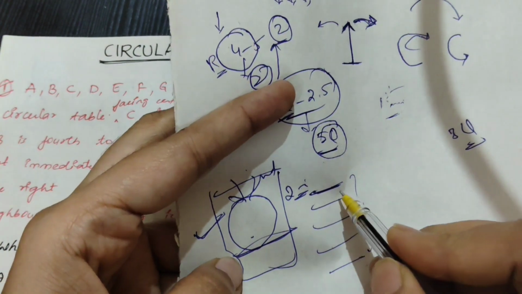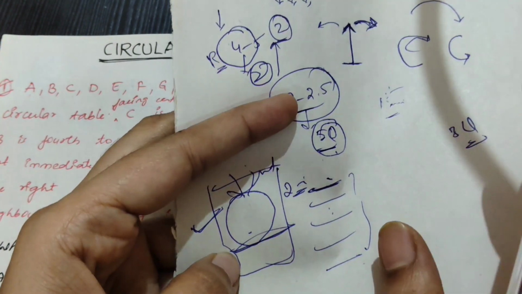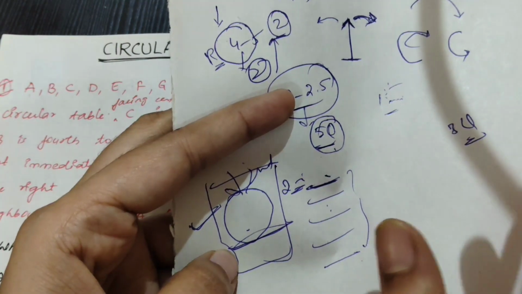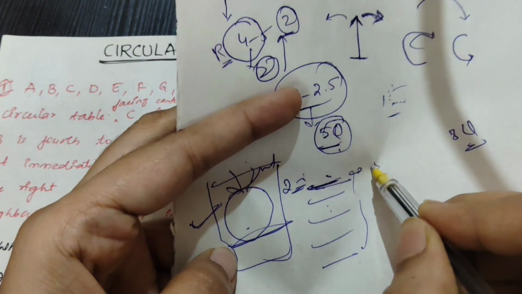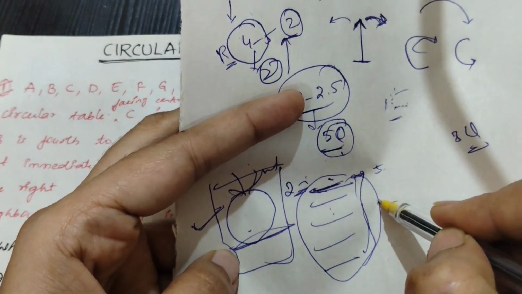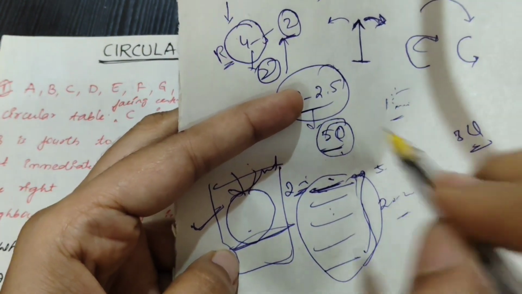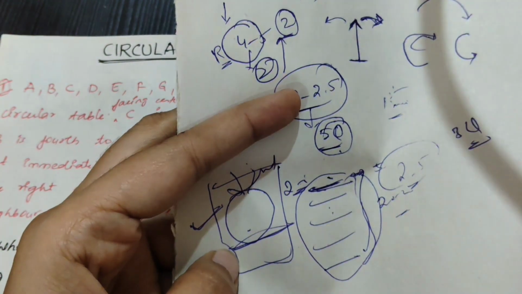You only need to read the question properly and give the right answer. Each question you need to complete in 5 to 10 seconds, so these 5 questions in 20 to 30 seconds. In that way, 2.5 minutes for one puzzle, and with practice you can solve in 2 minutes also.